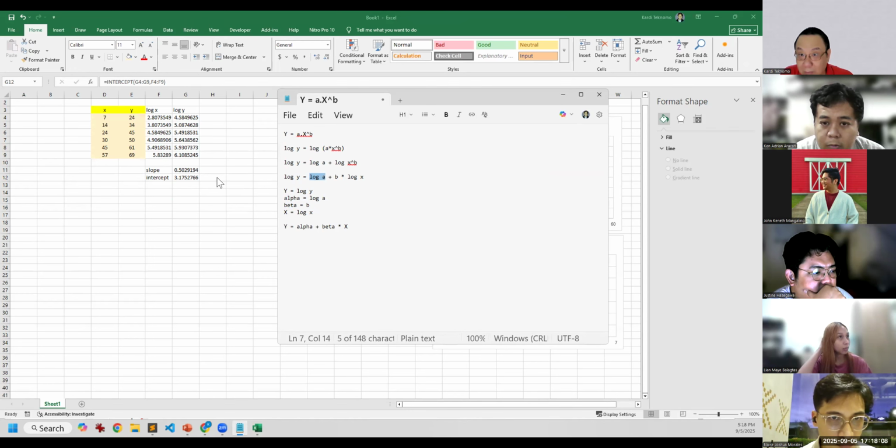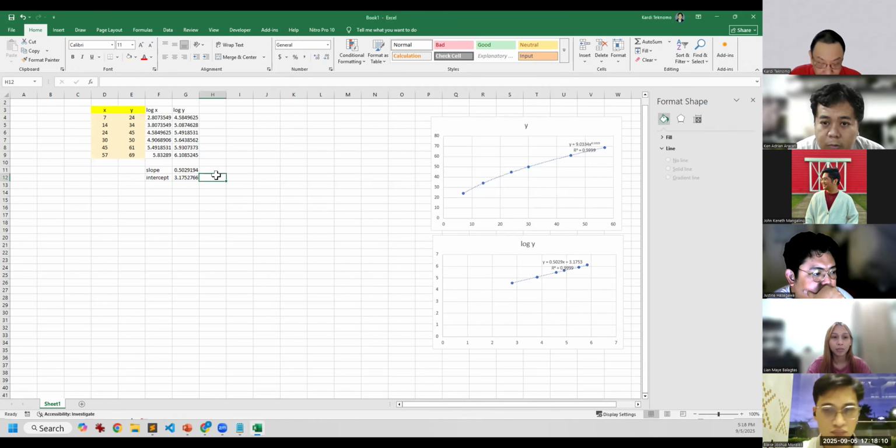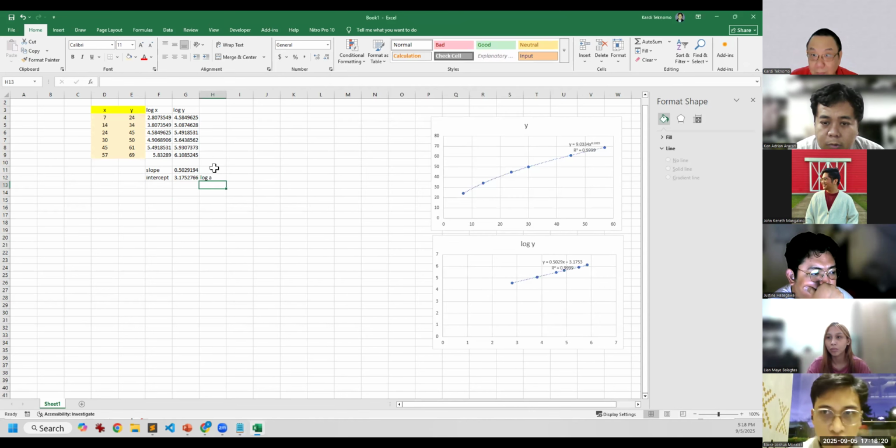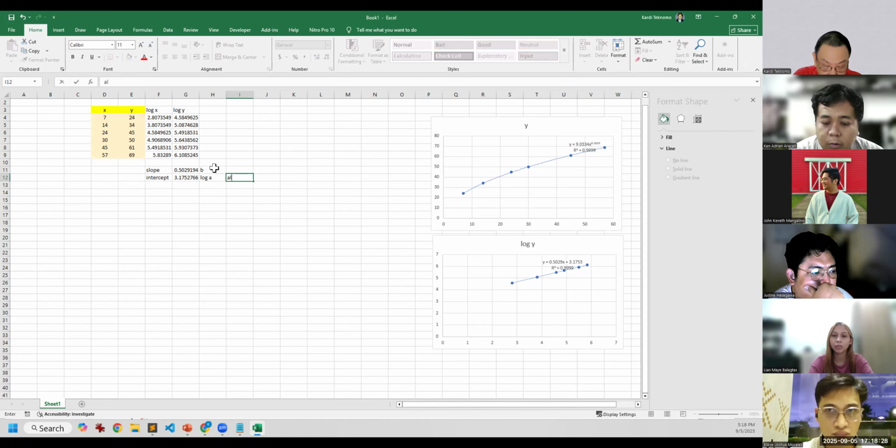This is the intercept, so this is the log A. And then B is beta. So this is B, and this is the alpha, and then this is beta.